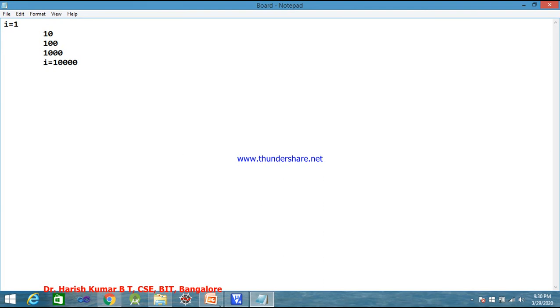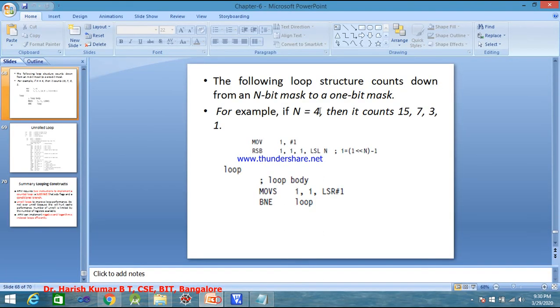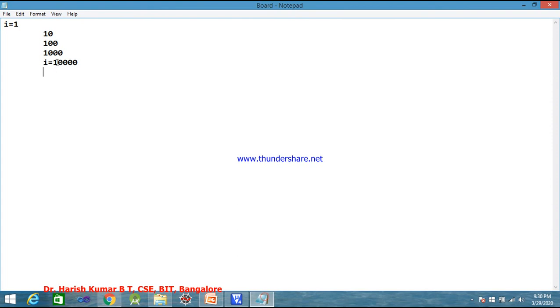Now since we are taking only 4 bits here, this 4 bits I have to take. If I take it as 0, then 0 minus 1, what we are doing, this will give you f f f f. So 4 f's it will give.